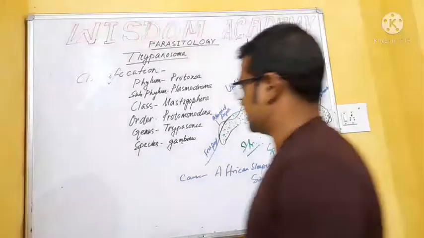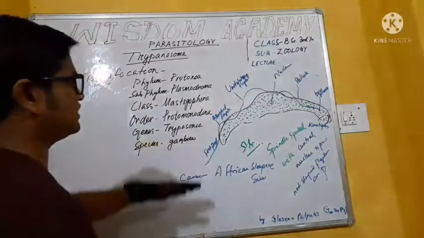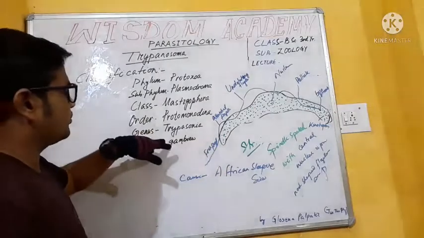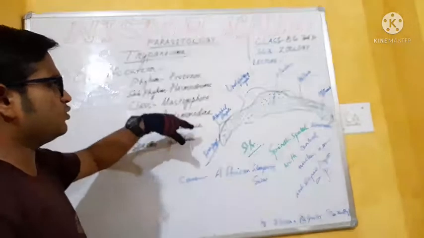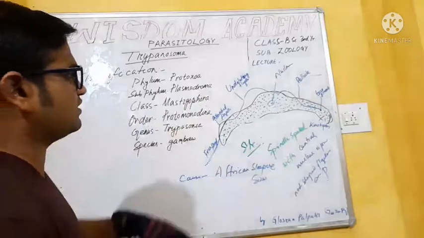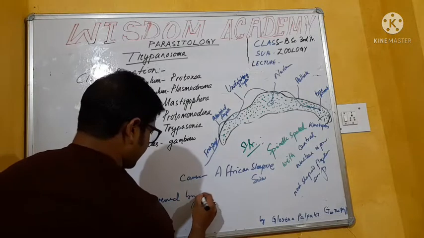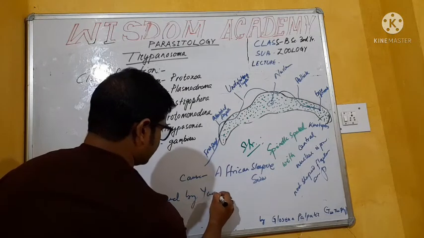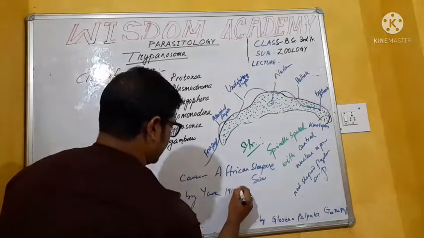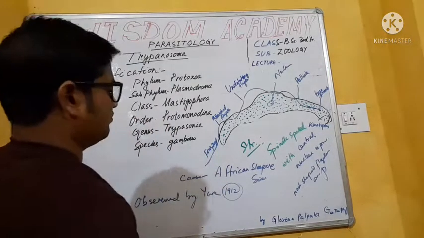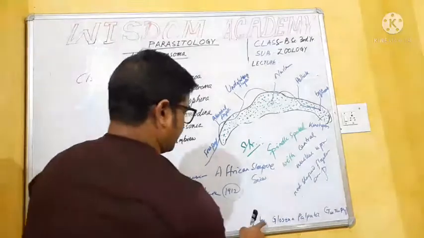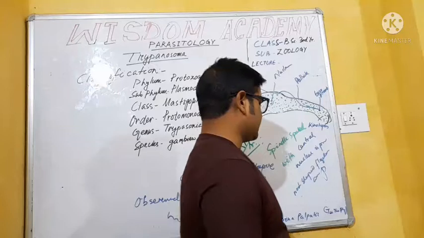The transmission of this species, gambiense, was first observed by York in 1912 in Glossina palpalis.